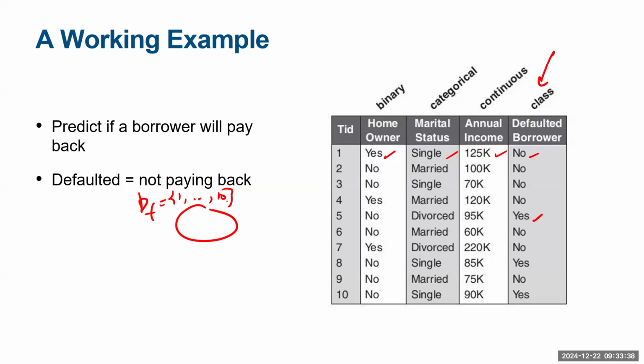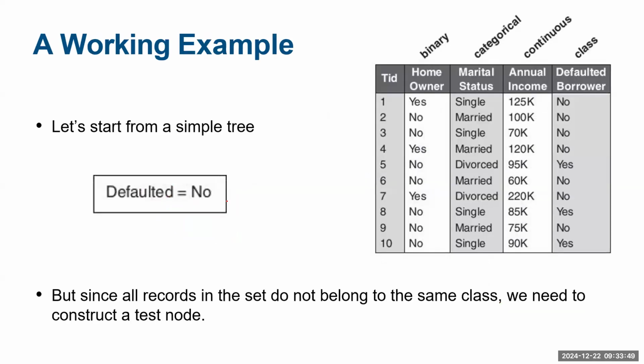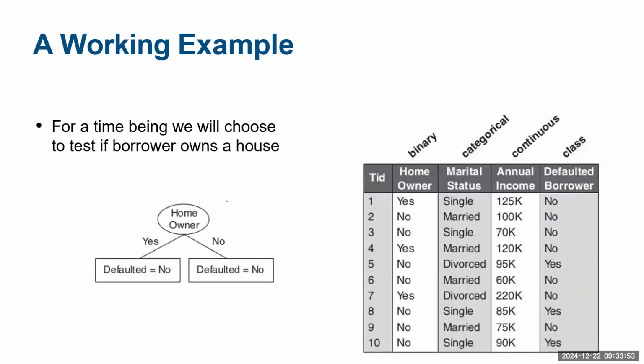So when this is unclear, when not all the data belongs to the same class, we have to pick some attribute. Let's say we pick homeowner, the first column.